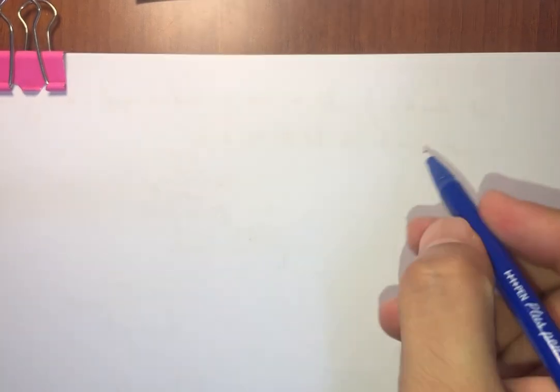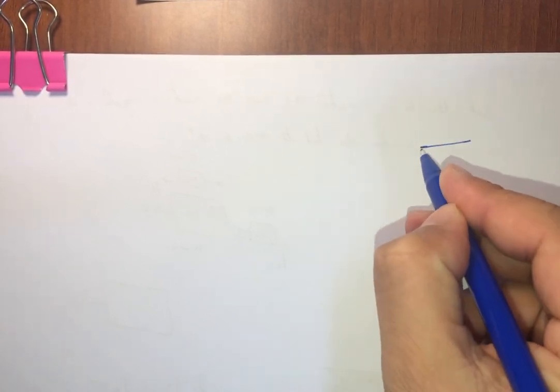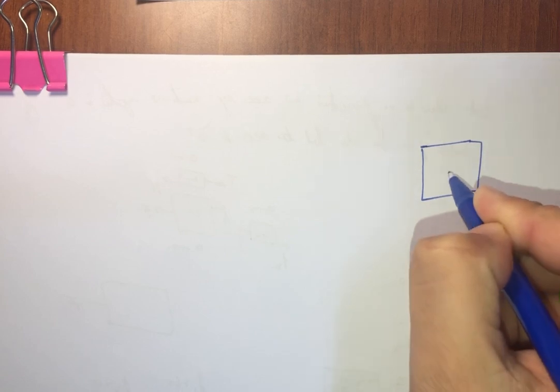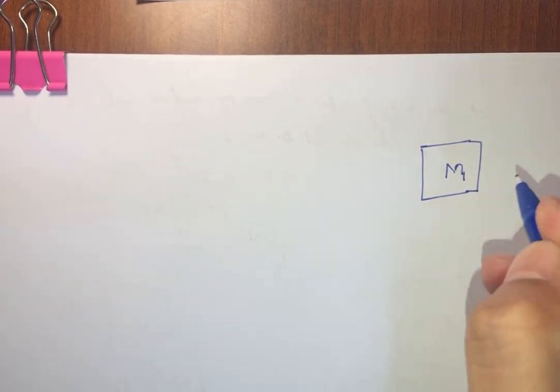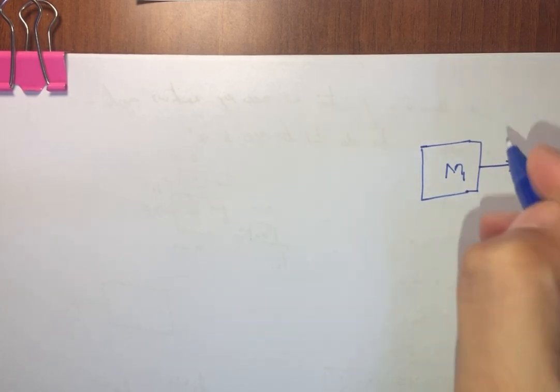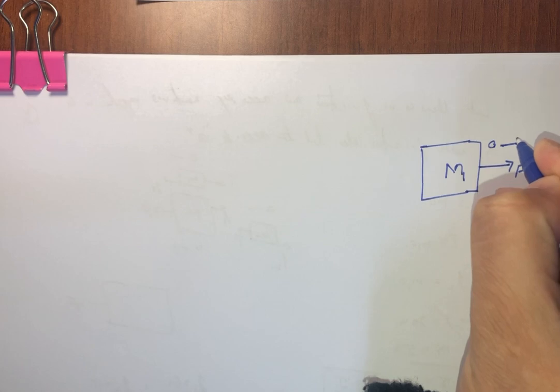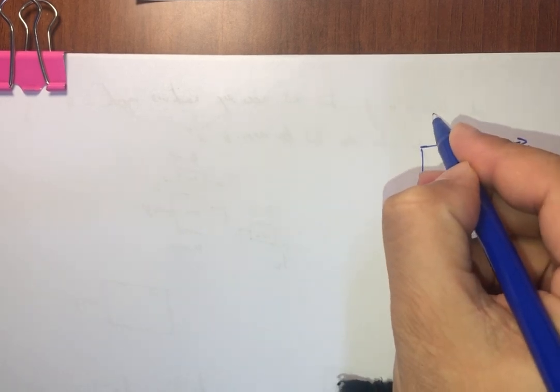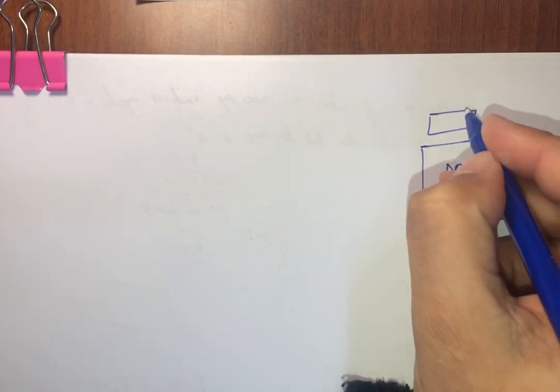So we assume that the acceleration of every block is equal to A. We can say something like this: this is our capital M, and force F is being applied, so it is traveling with acceleration A. This is our M1.